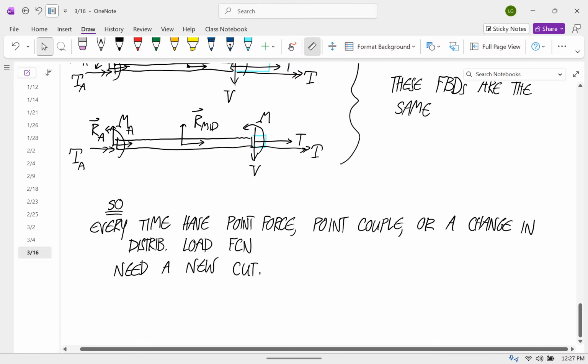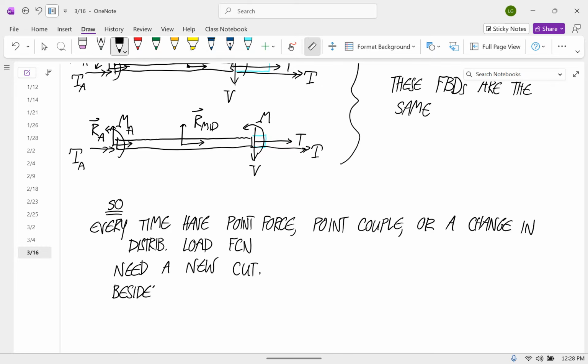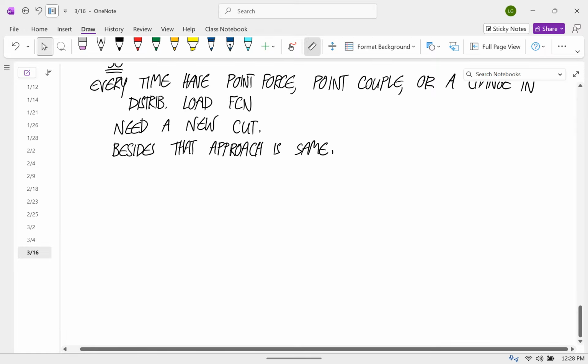Besides that, the approach is the same. Okay, so I'm going to do an example problem.